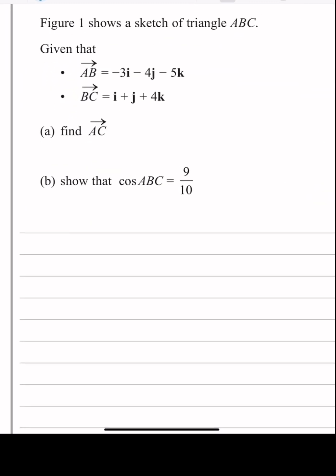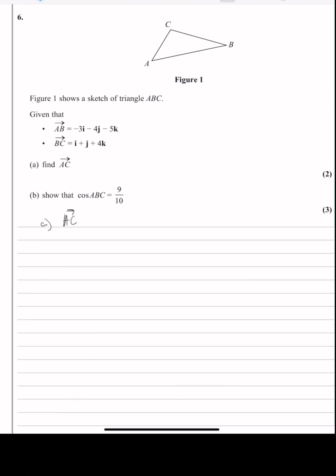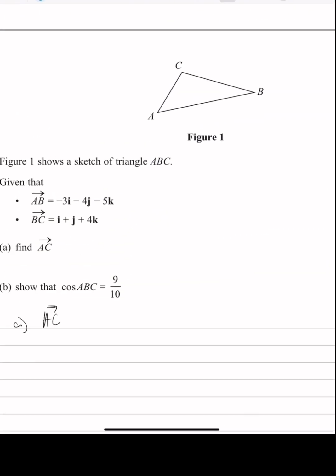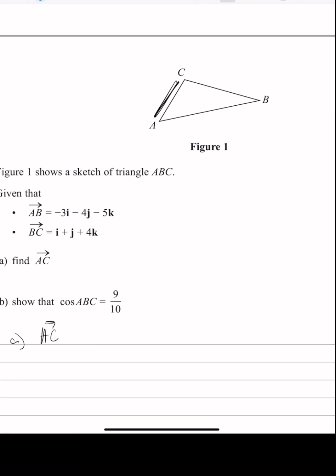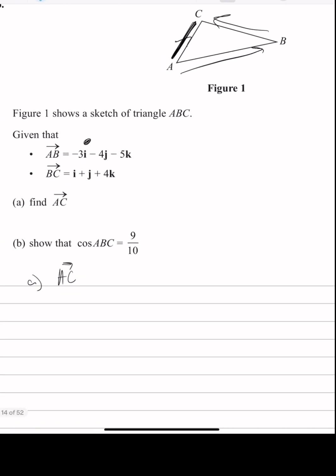Question 6 is a vectors question. So for part A, we want to find the vector AC. Looking at the diagram, that will be this one, going from A to C. So as we know, AB is given to us, and BC is given to us, we can just add both of them.